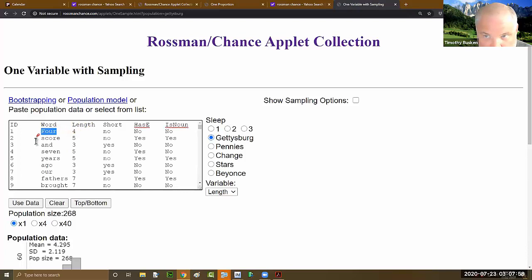The word for has 4 characters in it, the word score has 5, and so on. I want you to hone in on this column for length, character length. What is the average word length or character length for a word in the Gettysburg Address? Well, to get that actual average, we just take the average of this length list here.